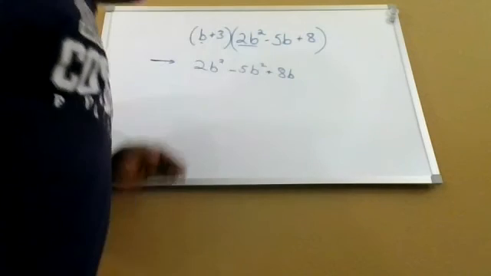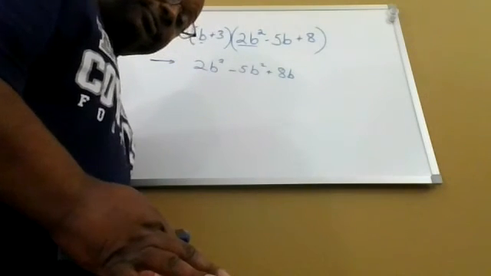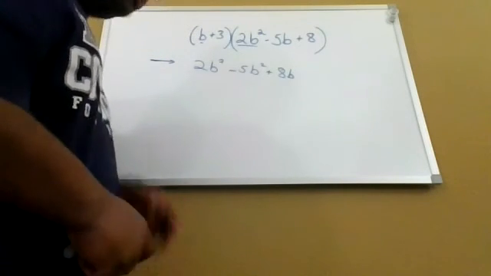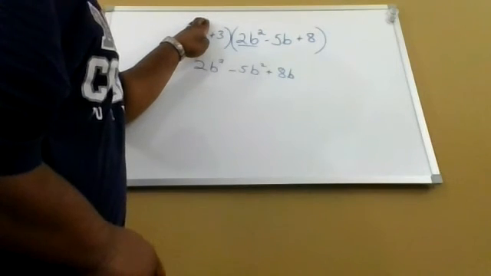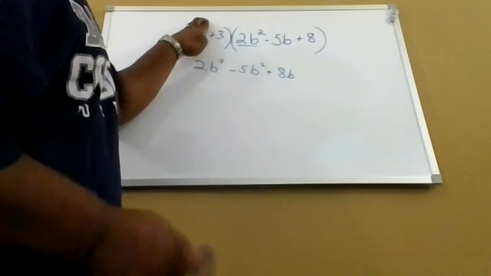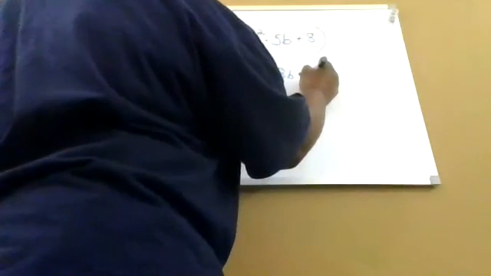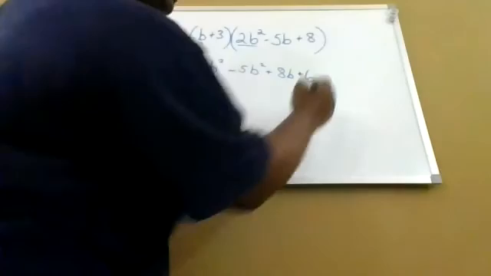Once we do all of that, and then we combine like terms, then we'll be done. Okay, so 3 times 2b squared, well, 3 times 2 is 6, and then we add the b squared.